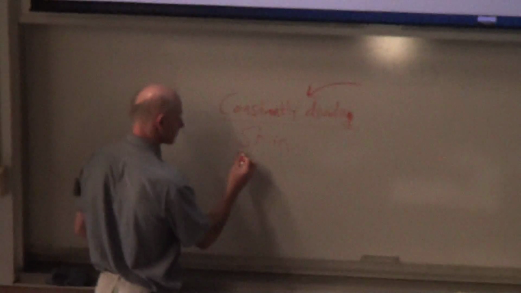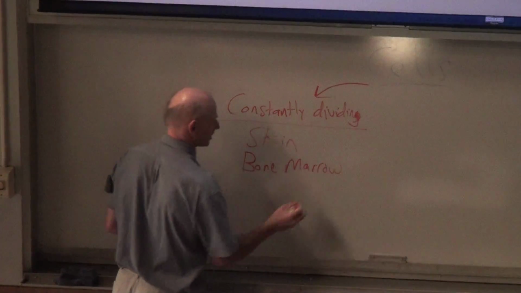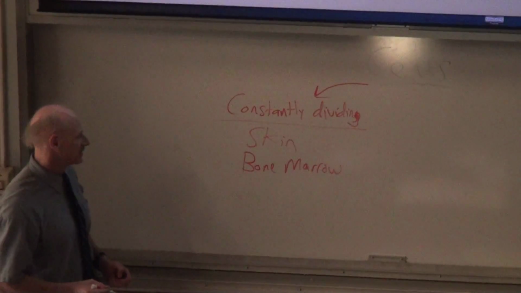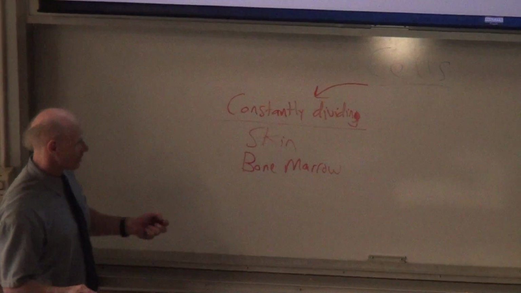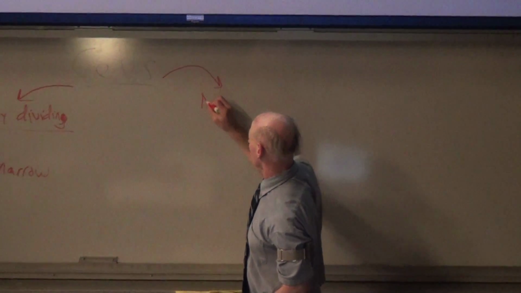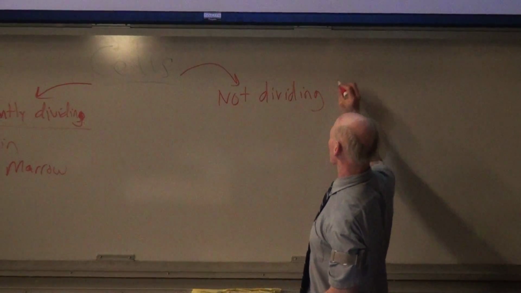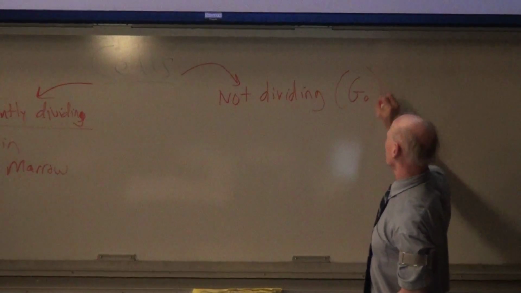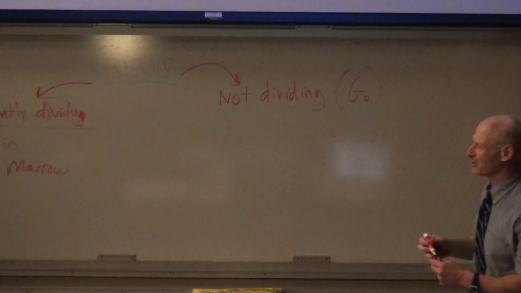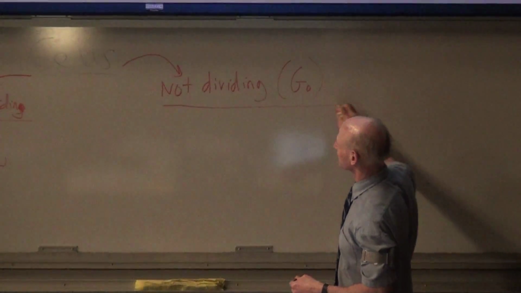Bone marrow cells, the ones that make your blood cells, are constantly dividing. Those are good examples. Whereas other cells are not dividing. These ones you could say are in G0 phase, or they're at the restriction point, or they've left the cell cycle. Any of those phrases mean the same thing.